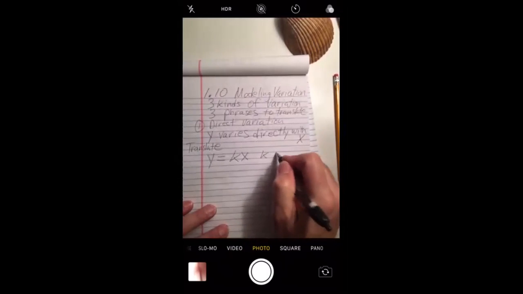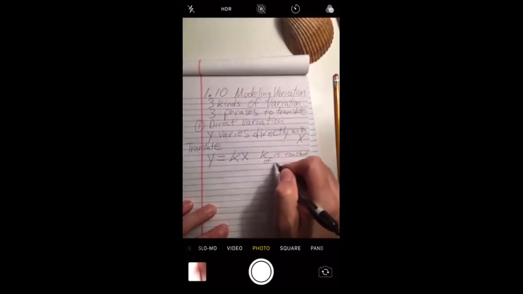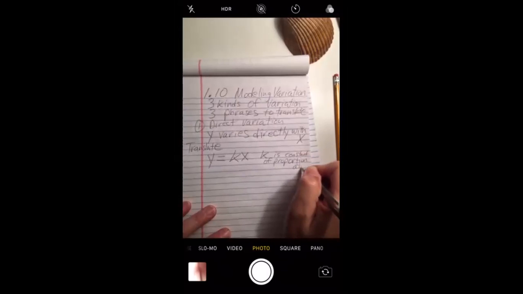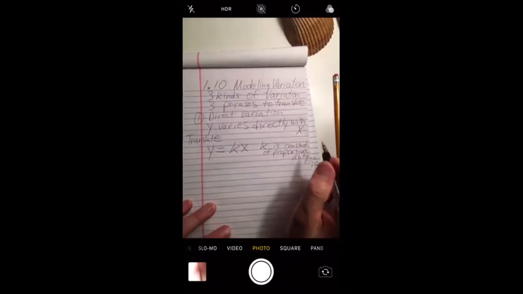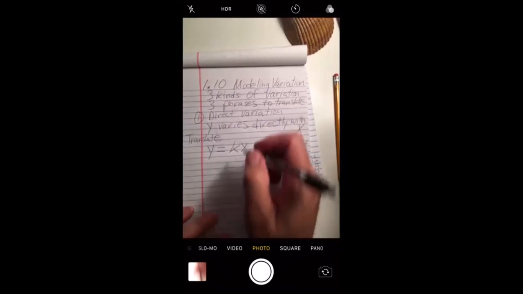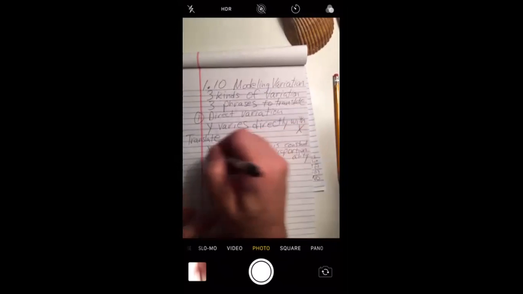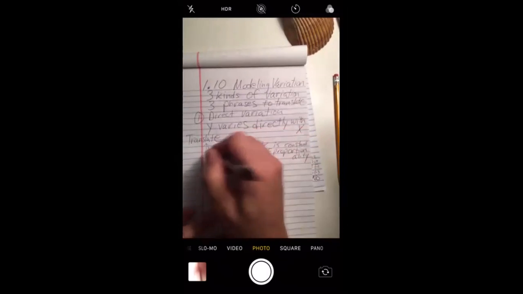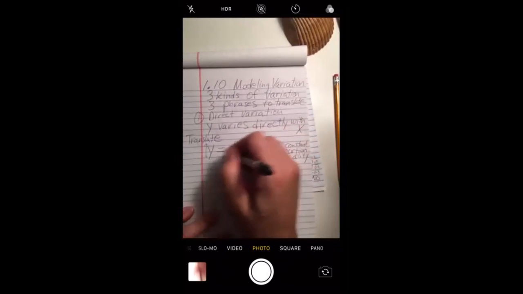The K is a constant of proportionality. It's in every one of these when you see this word varies. What they mean by varies directly is that X and Y do the same thing. In other words, if X increases, Y increases. X decreases, Y decreases. They do the same thing.